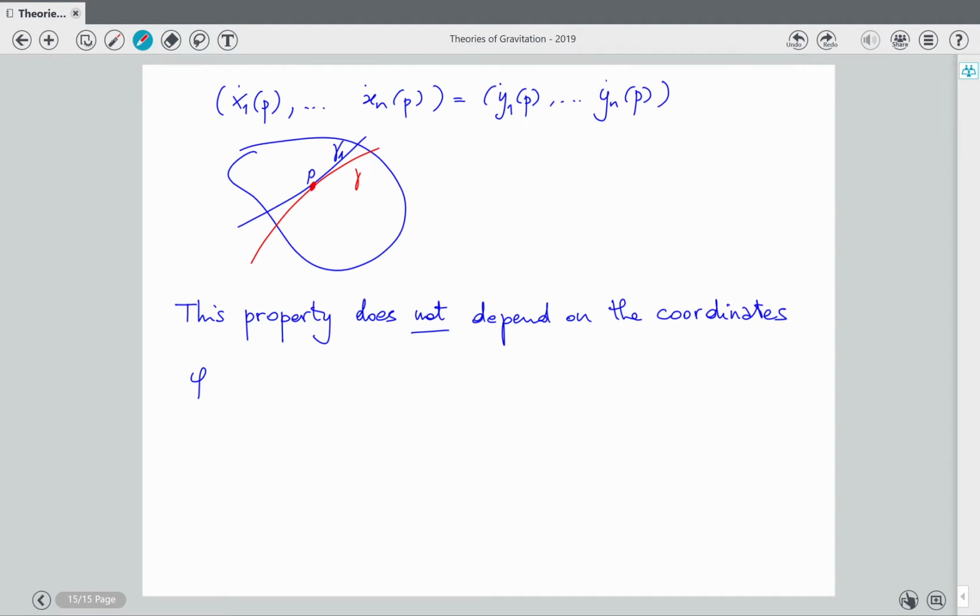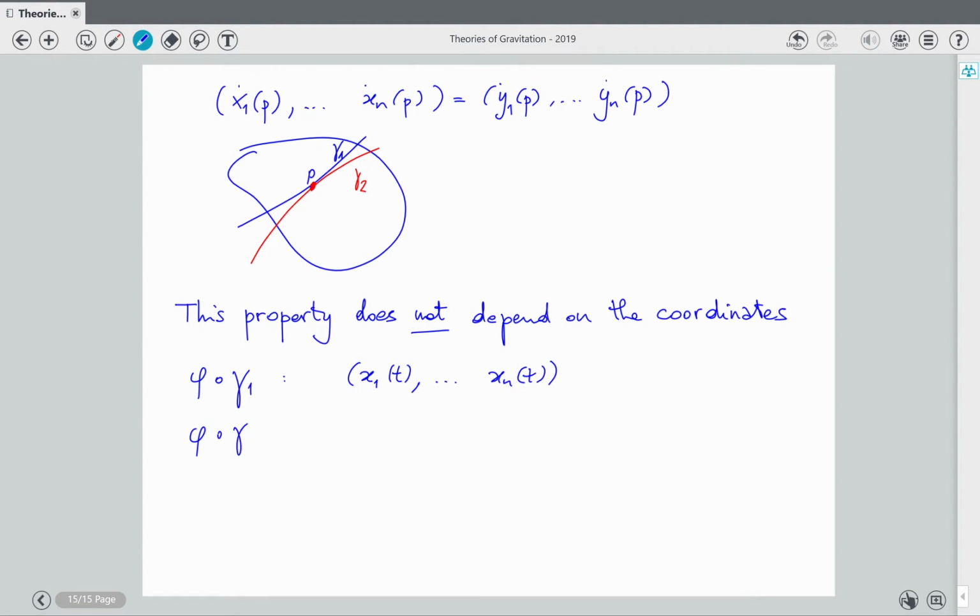Instead, I call gamma 1 prime and gamma 2 prime the same two curves in the new coordinates. So I use prime as the notation to emphasize the new coordinate system. So let's say that we have phi composed with gamma 1. Let's recall this was the first curve in the first coordinate system, x1 of t, ..., xn of t.